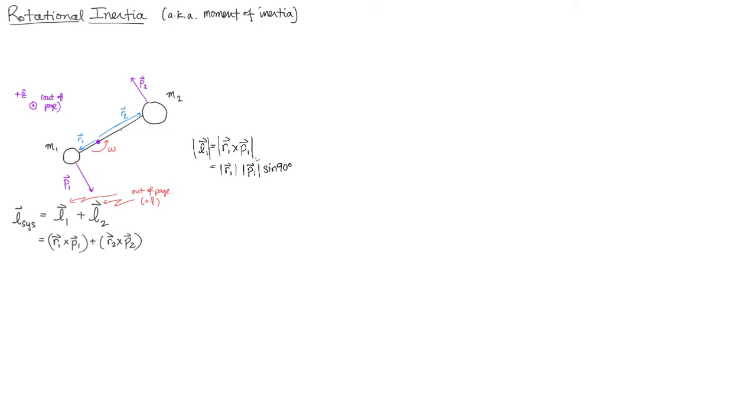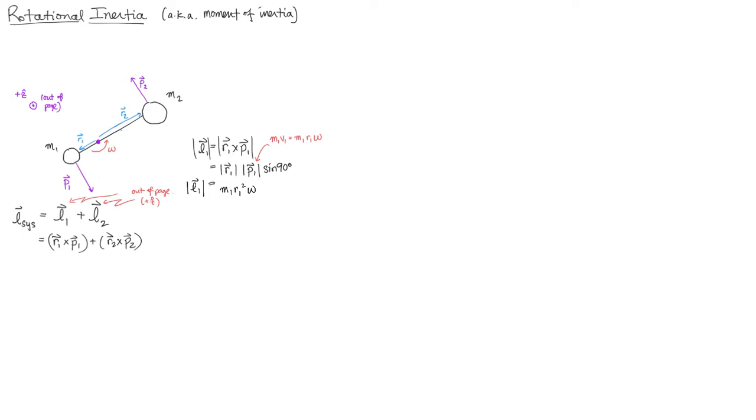P1, as you'll recall, is the mass times the velocity, and the magnitude of the momentum is the mass times the speed, and the speed for this circular motion is r times omega. So we have two factors of r, one factor of mass, and one factor of omega. So we have m1 times r1 squared times omega times the sine of 90, which is unity.